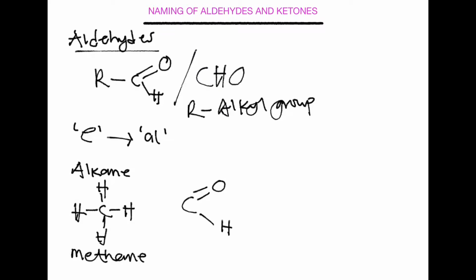So in the alkane we have the E at the end. Now what about the aldehyde? This is going to be methanal. Okay, so you notice that the E has just disappeared, and then we have A-L over here instead of the E. That is simple.